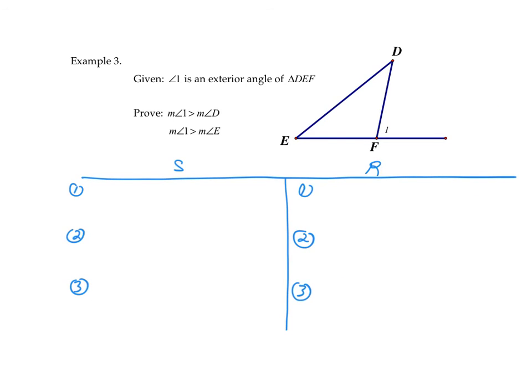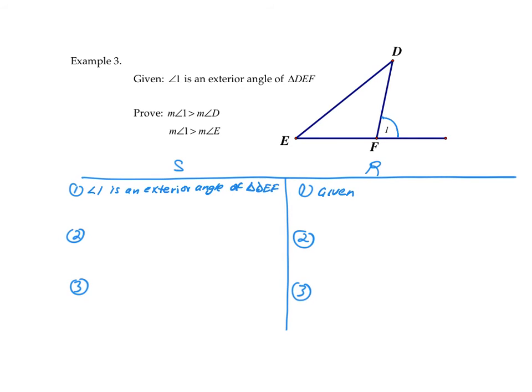So in our third and final example, we'll take a look at an exterior angle of a triangle. So we start off being given that angle 1 is an exterior angle of triangle DEF. So that's given, and this is our angle way up here.